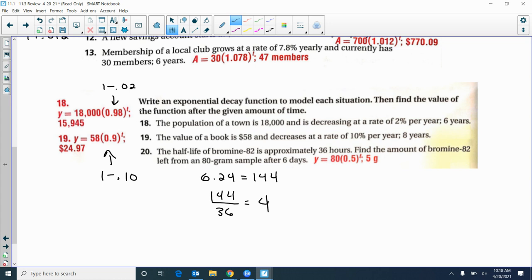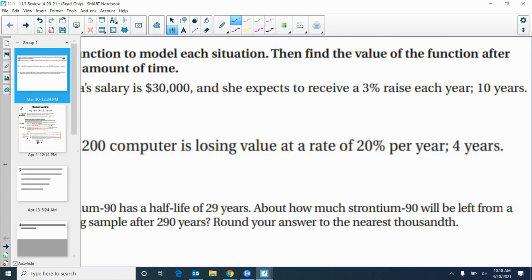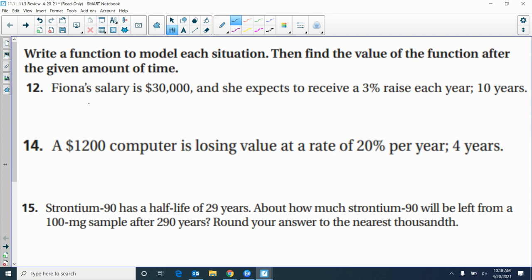Right there on your notes or whatever you have, we just went over this. I want you to do these three, 12, 14, and 15. Just do them right there on your homework, or wherever you're at.